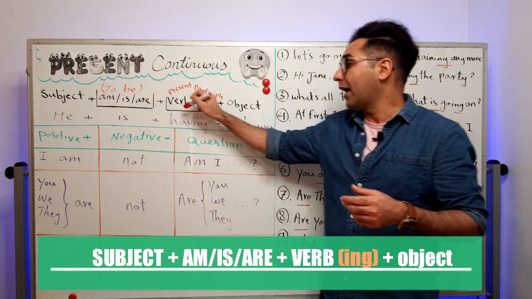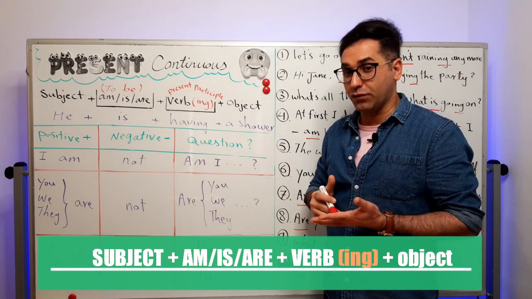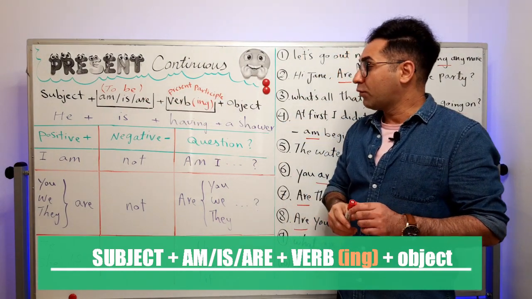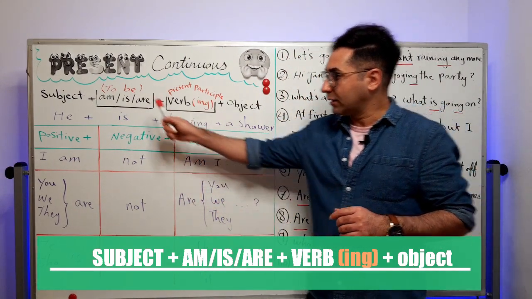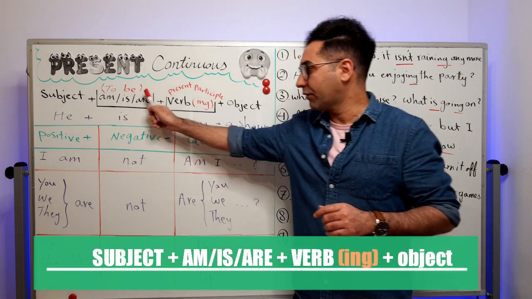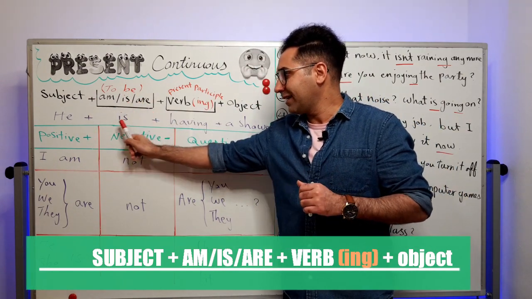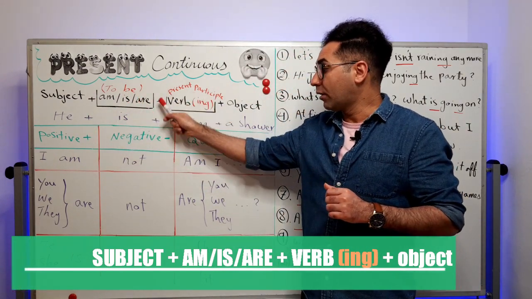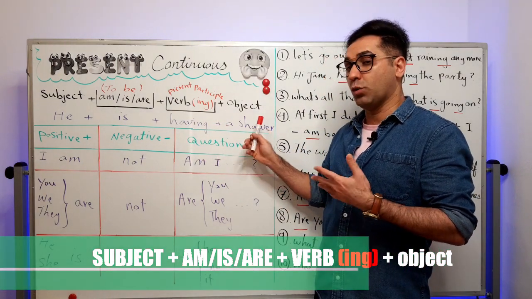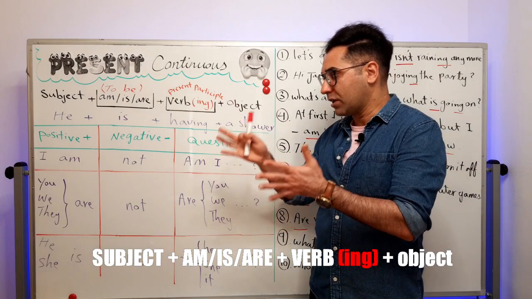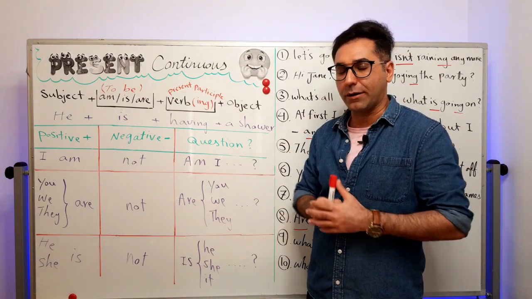And then I needed a verb with the ing form. For example, he is having a shower. I need a subject like he, plus a verb to be, is, and then I need the verb have plus ing, having, and then an object. What? A shower. So, he's having a shower.